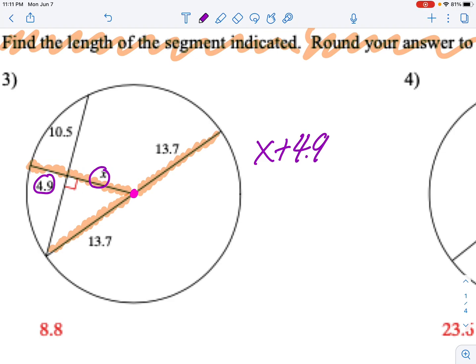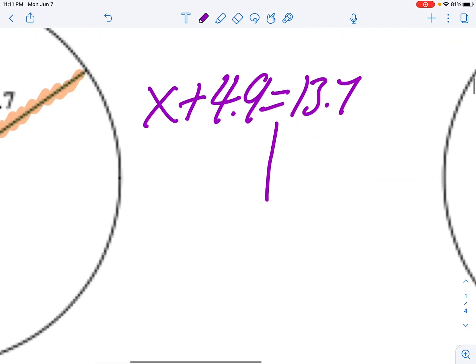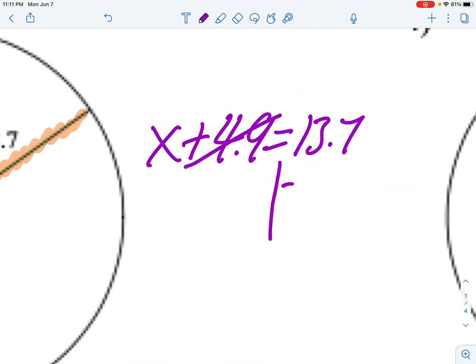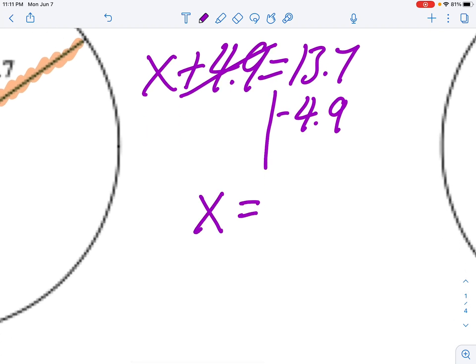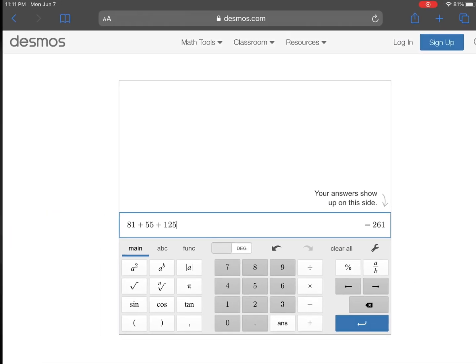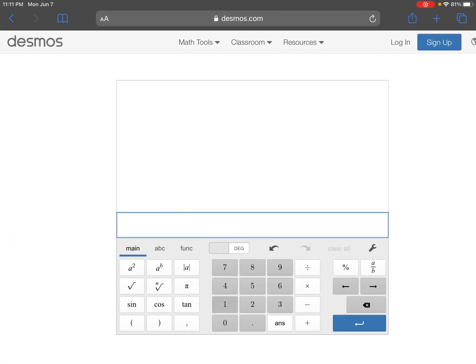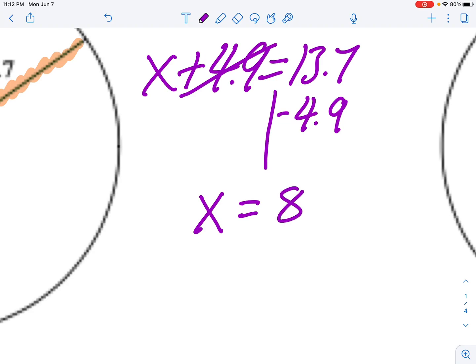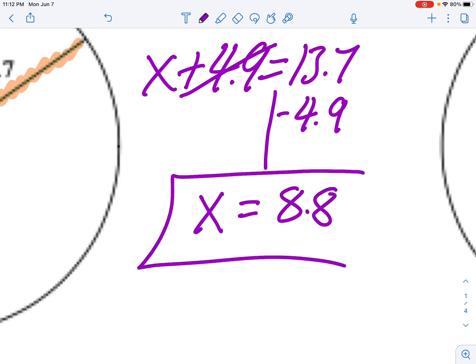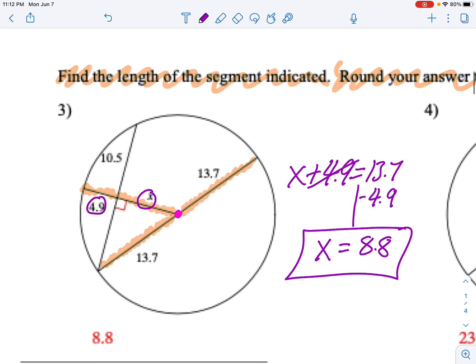So we move our 4.9 over, and we get x is equal to 13.7 minus 4.9. 13.7 minus 4.9 is 8.8. And look at that. There you go. That's number 3.